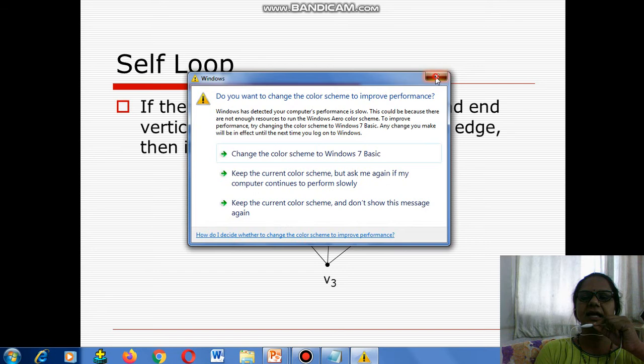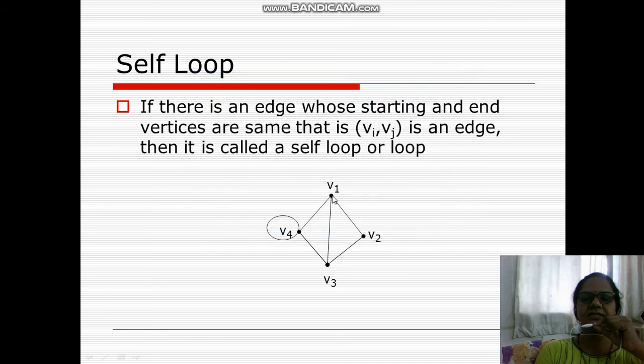We cannot say that V1 has a self loop. Similarly, V2 and V3 do not have a self loop because there is no edge starting from V1 and ending at V1, none starting from V2 and ending at V2, and none starting from V3 and ending at V3. So there is no self loop on vertices V1, V2, V3, but there is a self loop on V4.